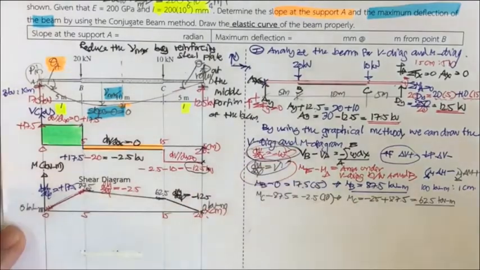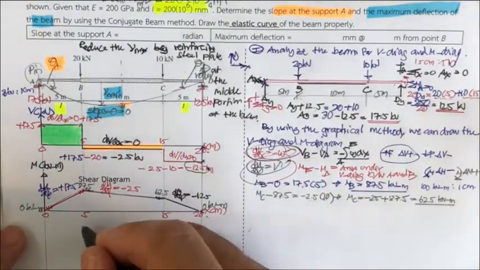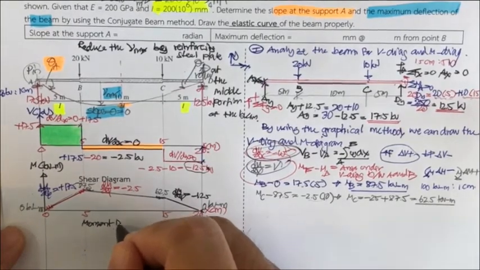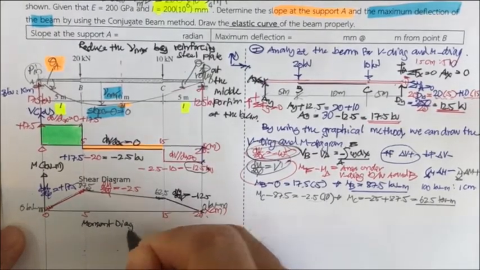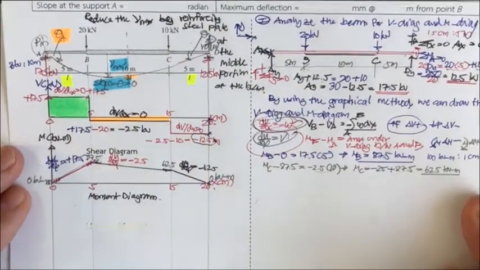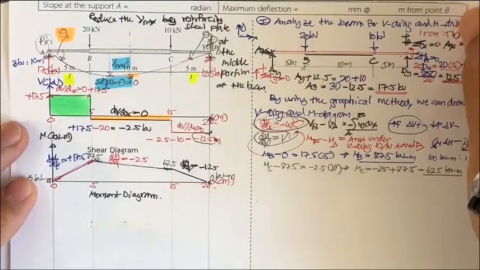This portion here is not support here, so let me have this one for a moment, diagram, and clear the area for the conjugate beam. Next we are going to draw the conjugate beam.